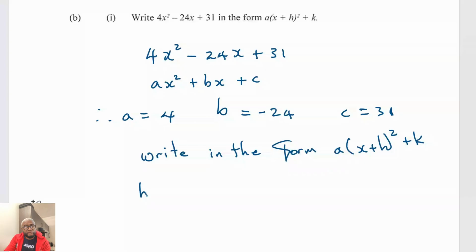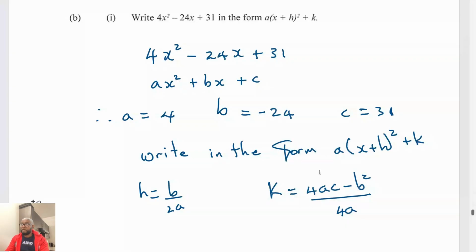Memorize these formulas, you're good to go. H is equal to B over 2A, right? Everybody good there? Okay. K is equal to 4AC minus B squared over 4A, right? Just memorize these formulas. You'll never have a problem with completing the square.